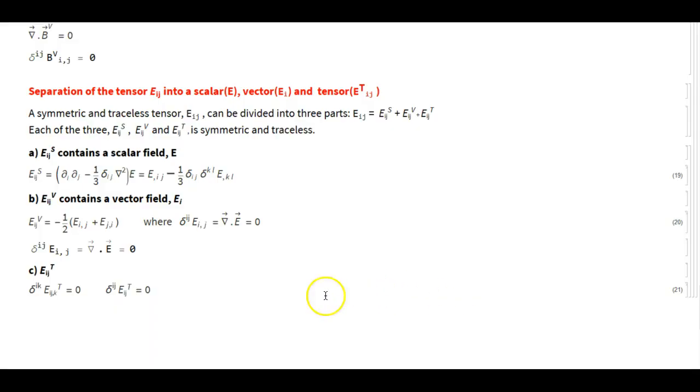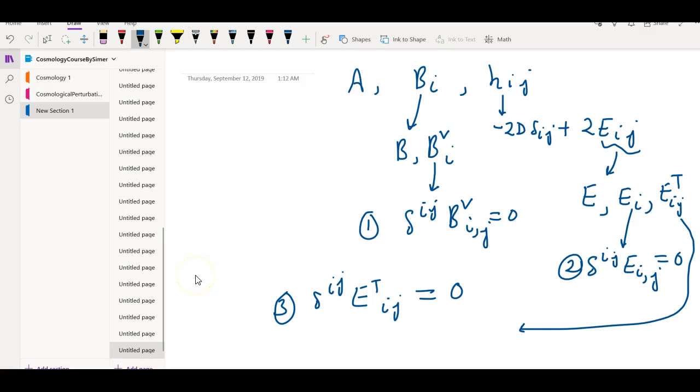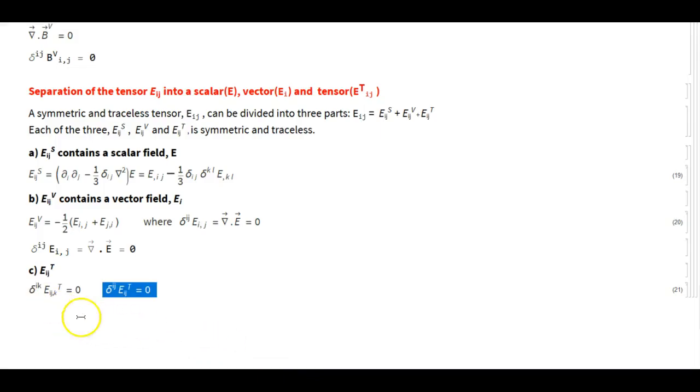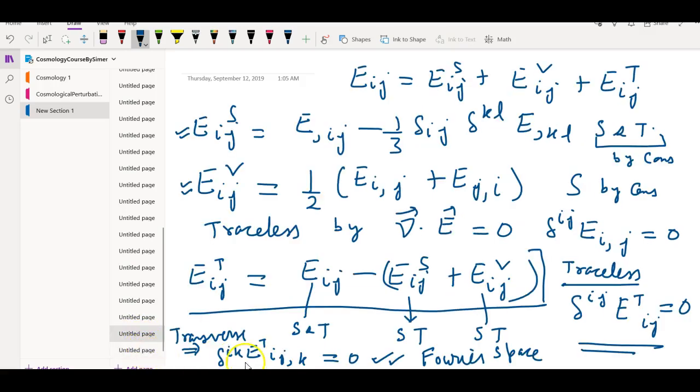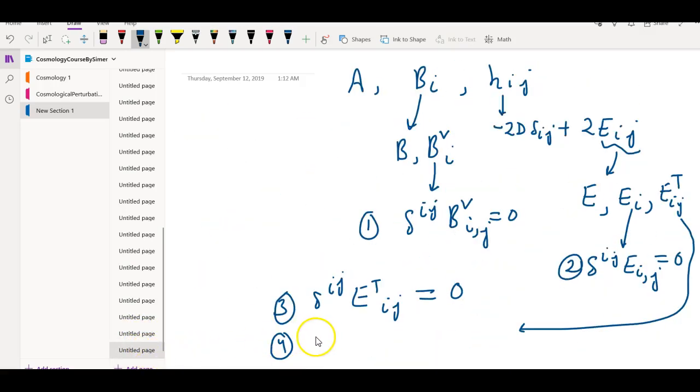Yes, delta^ij here and here. Perfect. And the fourth constraint, which we saw here, makes it transverse.